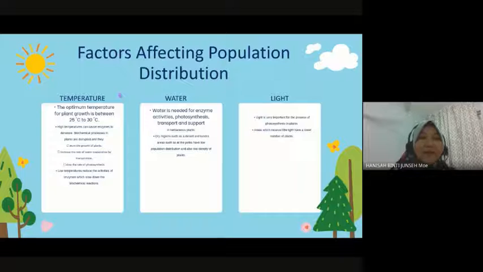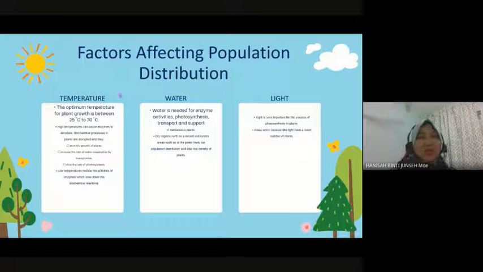Okay, and light. Light is a source of energy for photosynthesis to happen. So of course, we can make an observation.